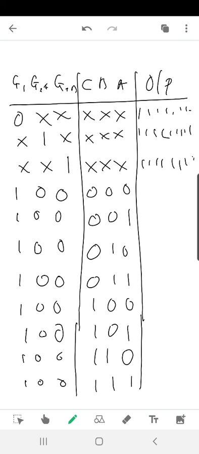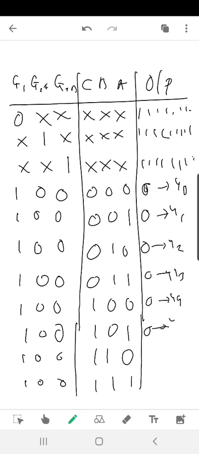Now if G1 is 1, G2A is 0 and G2B is 0, and we have 000 at our input pins, then we will get 0 at Y0 and all other outputs will remain at 1. Similarly, in the next case we will get 0 at Y1, then 0 at Y2, 0 at Y3, 0 at Y4, 0 at Y5, 0 at Y6 and 0 at Y7.